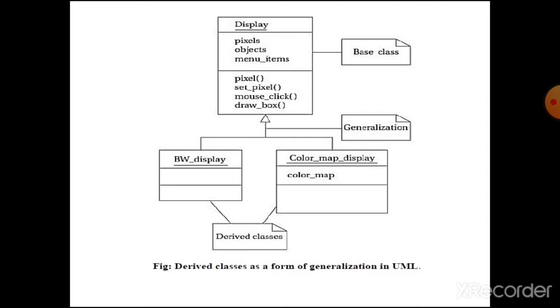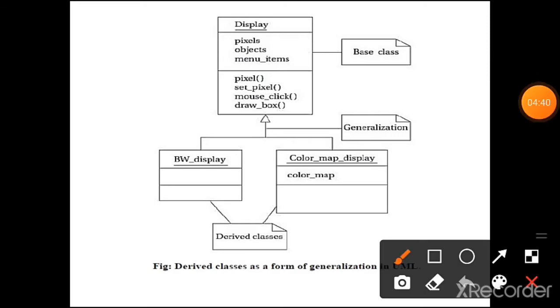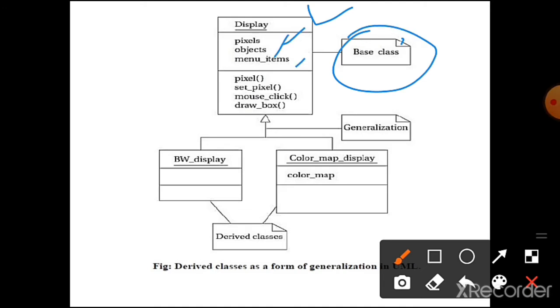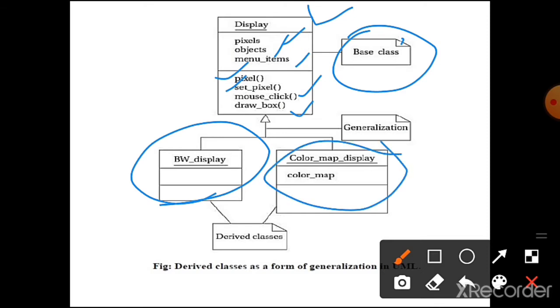Here the main class is Display, known as the base class, containing the attributes pixels, objects and menu item, and it has operations set pixel, mouse click and draw box. From this base class it derives two types of display class: one is black and white display, and the second is color map display.